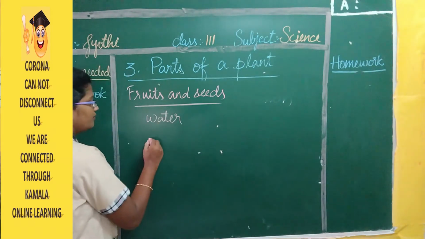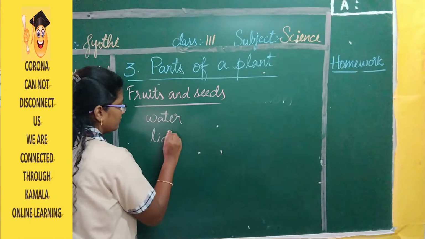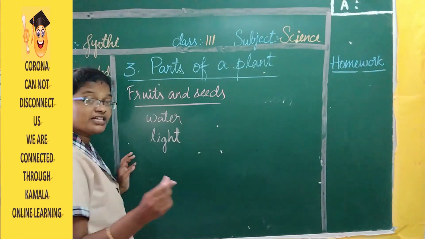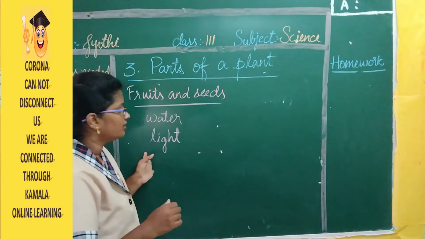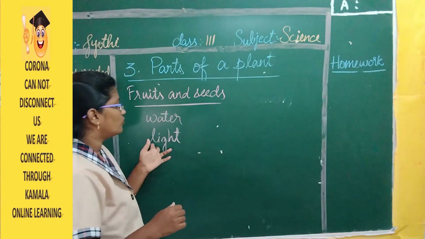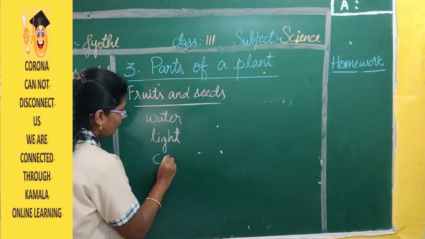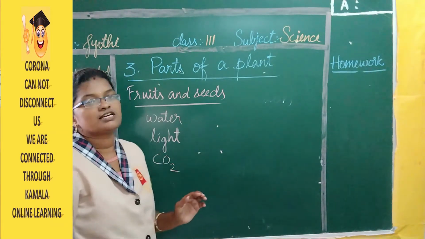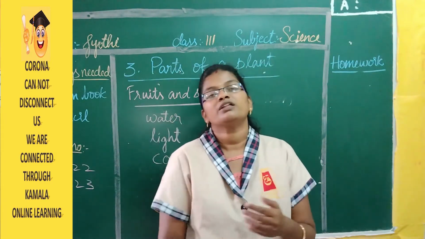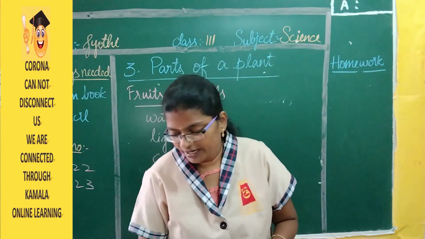Then if they get a proper amount of light, or the heat which is produced by the light, that is the sun's heat. So because of this light, water, then carbon dioxide, that is CO2, after a certain period of time, they grow into a new plant.